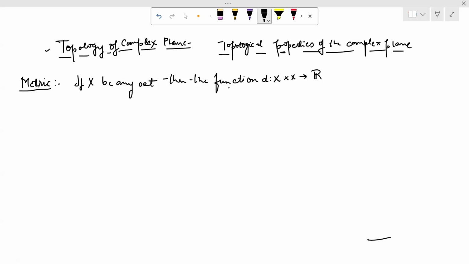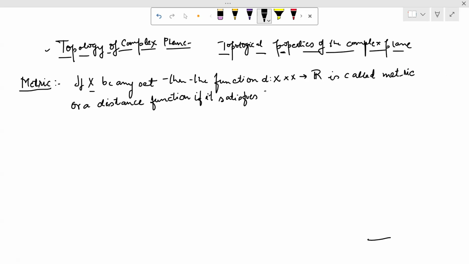So let d be a function from X cross X to R. This d is called a metric or a distance function if it satisfies the following properties.